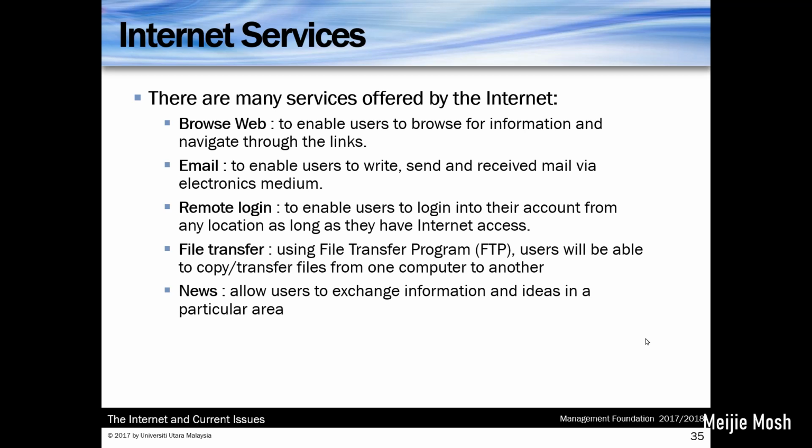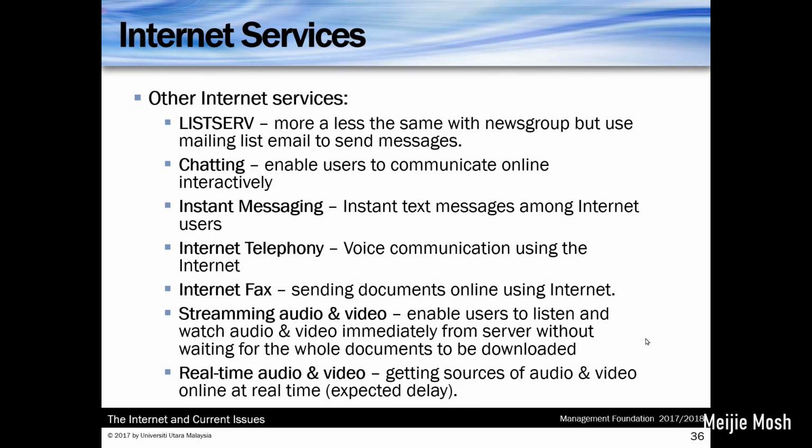We can use the internet for news, which allows users to exchange information and ideas in a particular area. We can use a list server, which is more or less the same as a news group, but uses a mailing list to send messages by email. We can use the internet for chatting and for instant messaging.